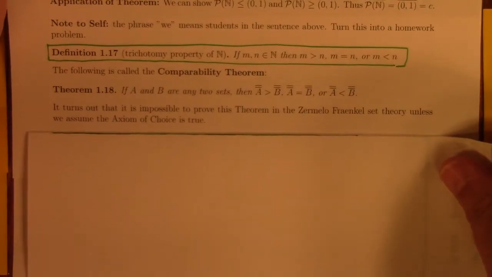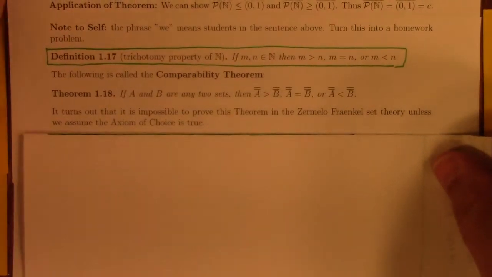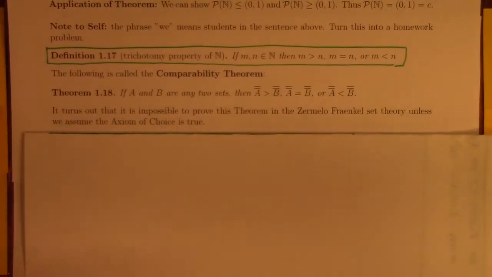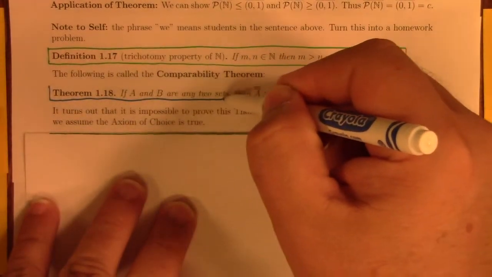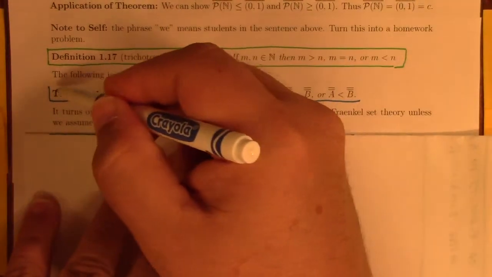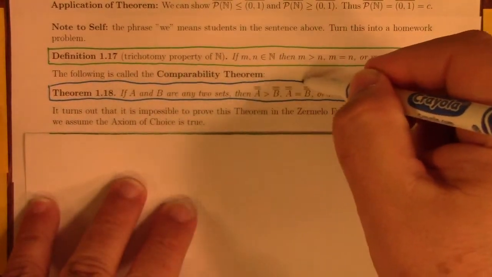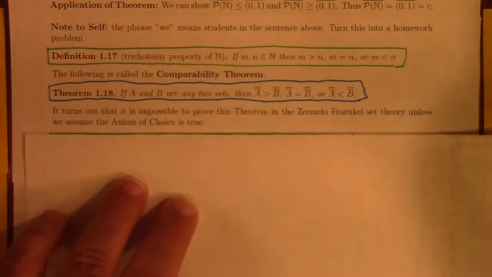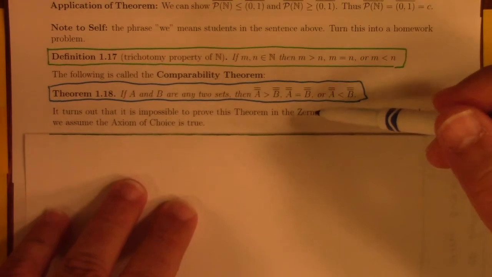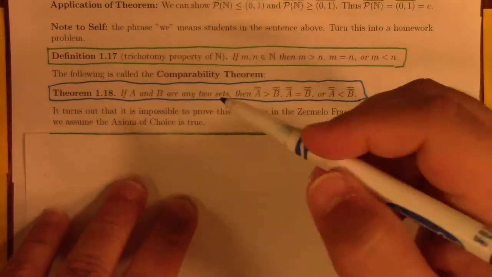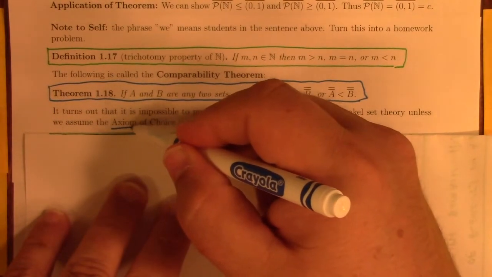And that said, well, I say that this theorem is true, but it turns out that this comparability theorem, which seems eminently reasonable, is impossible to prove in ZFC, in Zermelo-Fraenkel set theory, unless we assume that the axiom of choice is true.